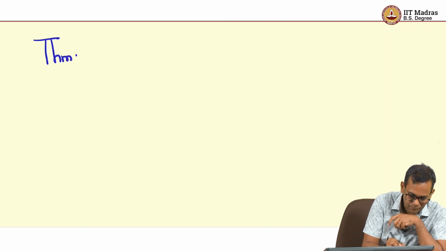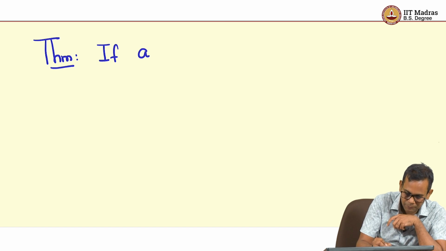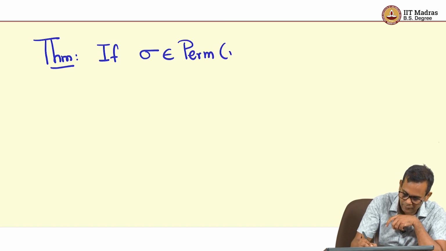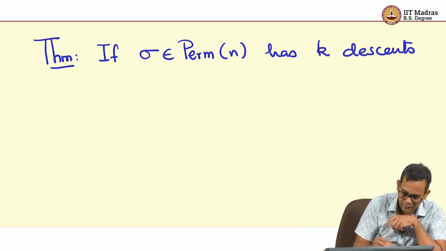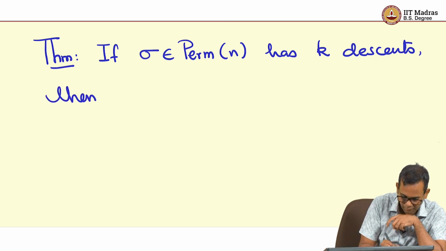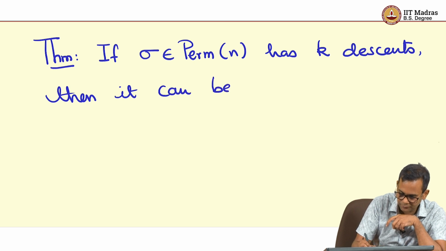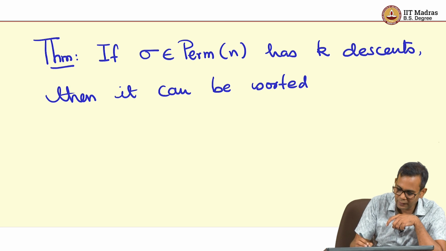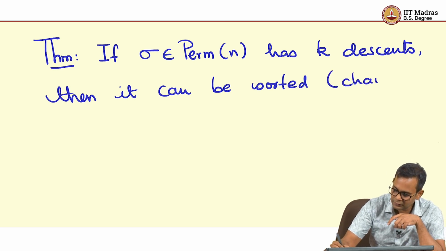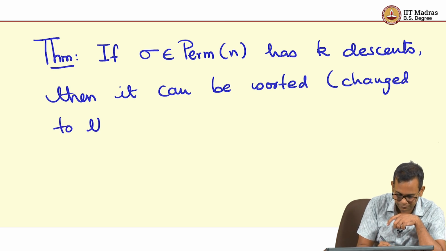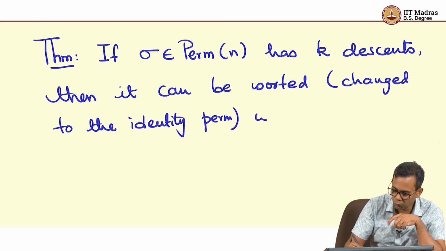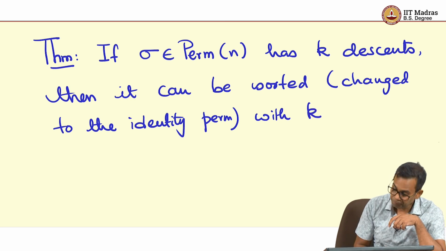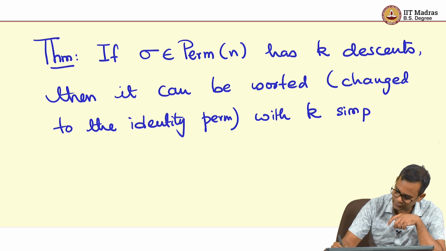Theorem: if a permutation, let us say sigma in S_n, has k descents, then it can be sorted, and when I say sorted, I mean changed to the identity permutation, with exactly k simple transpositions.